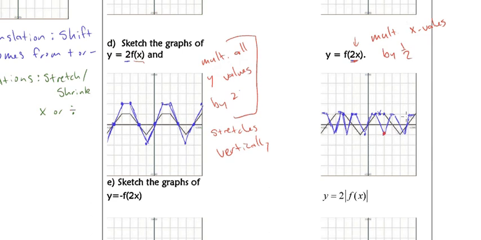Where it was at, what would this be right here? That would be 1, 2, 3, 4, 5, 6. Now it's at 3. You're cutting them all in half. Same thing on the negative side, where it was at -3, now it's at -1.5. We're multiplying all the x values by 1/2 as we graph it, which shrinks it horizontally.